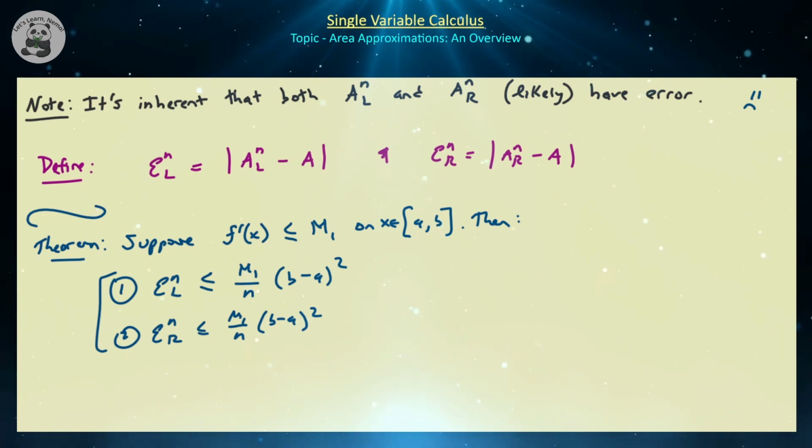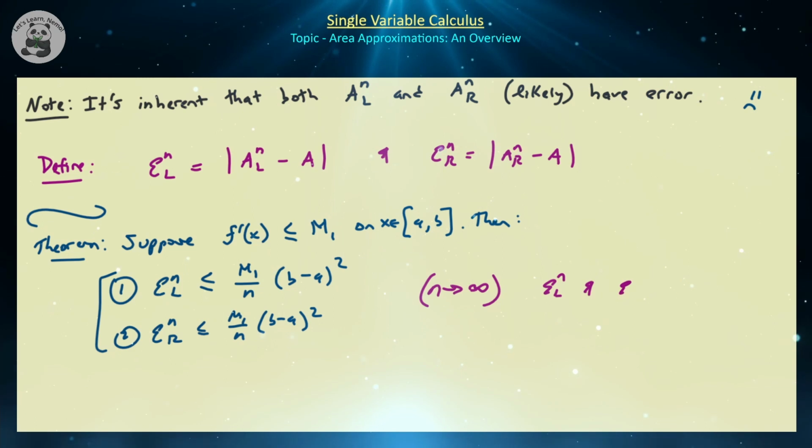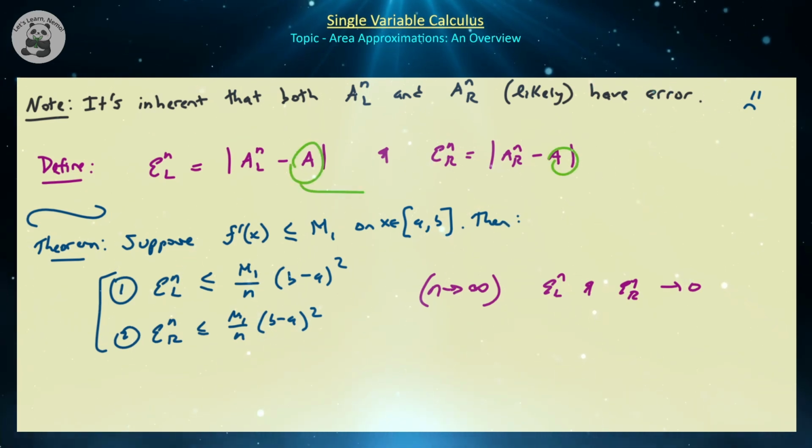As n goes to infinity, we have that epsilon_n^L and also epsilon_n^R both go to 0, which means as we increase the number of rectangles, the error gets smaller and smaller, and eventually gets closer to the exact area that we're looking for.